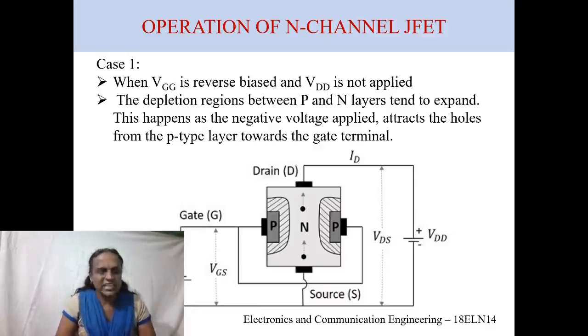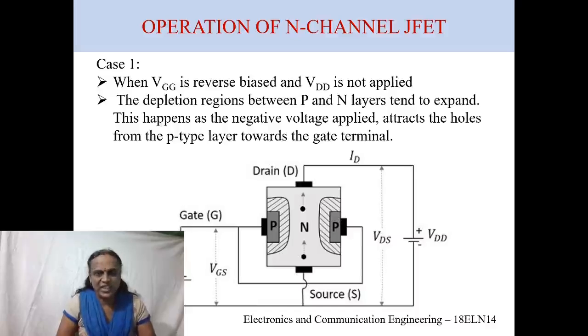In this case 1, observe carefully: when VGG is reverse biased and VDD is not applied at all, the depletion regions between the P and N layers tend to expand.